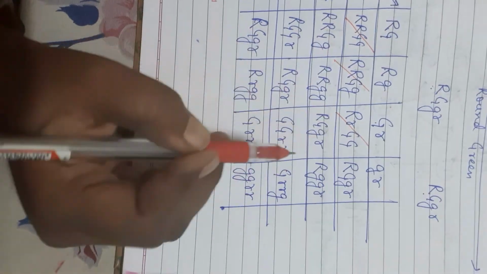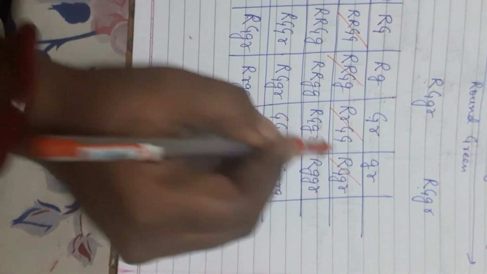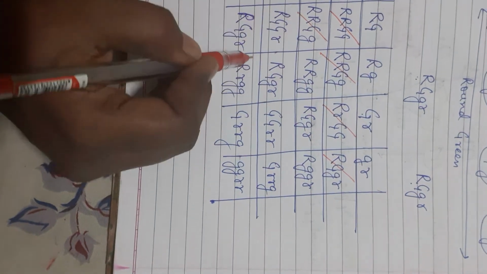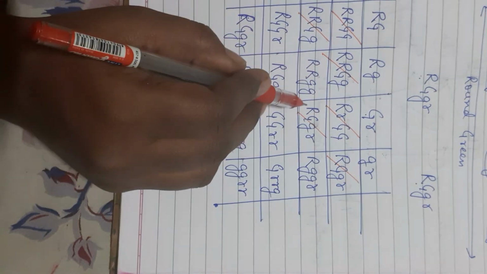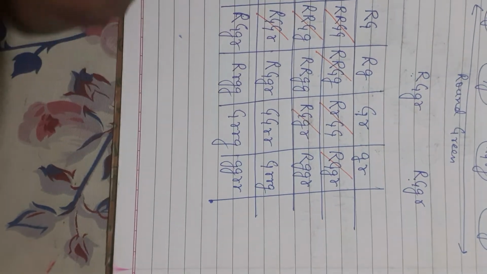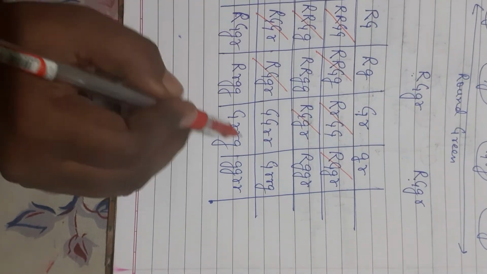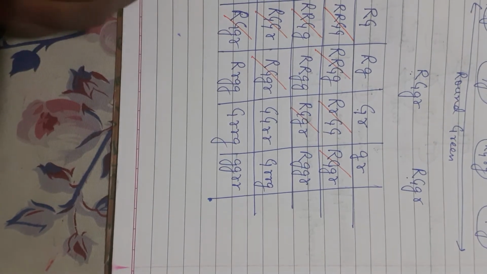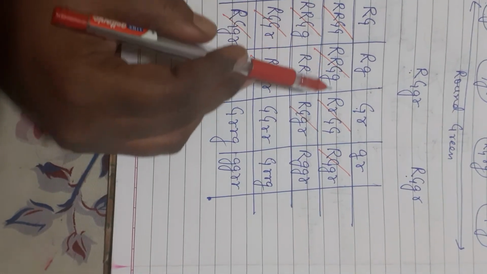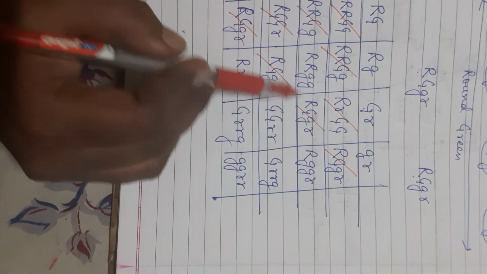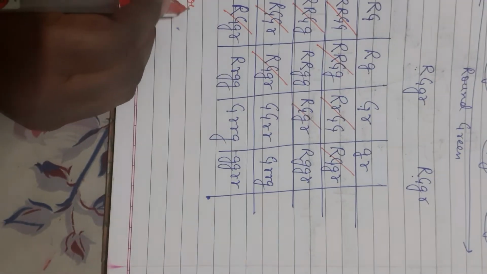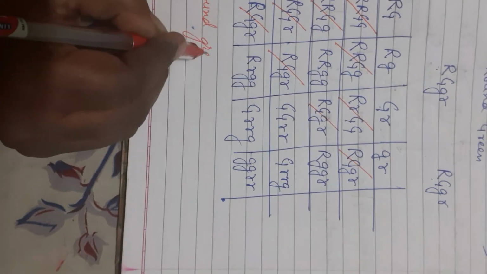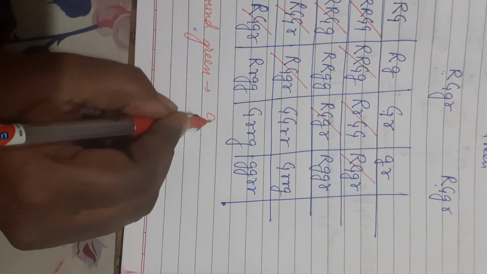Over here, small g, we are not going to cut it. Capital R, capital G, capital R, capital G, capital R, capital G. Now let us count: 1, 2, 3, 4, 5, 6, 7, 8, 9. So wherever you are having round and green, it is 9.